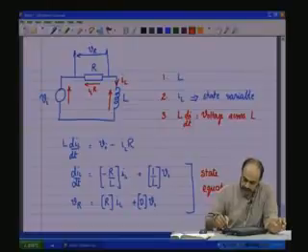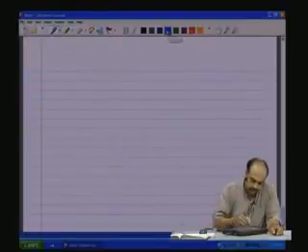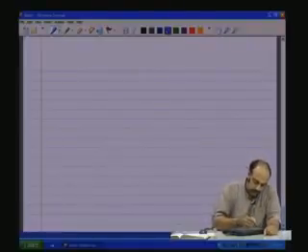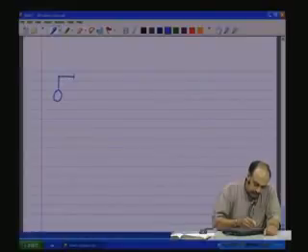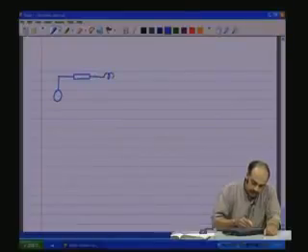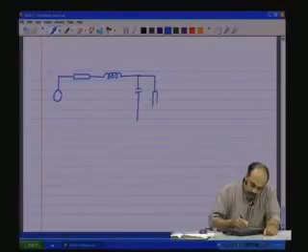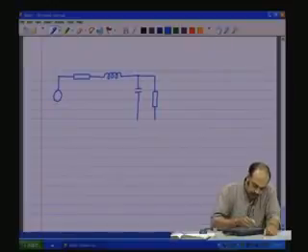So, let us take a bit more complex, actually simple, but just a bit more complex compared to the earlier RL and RC circuits that we have been seeing. The third example is like this. Let us have an R, let us have an L, let us have a node with a capacitance C, and let us have another resistance R across C as shown here.